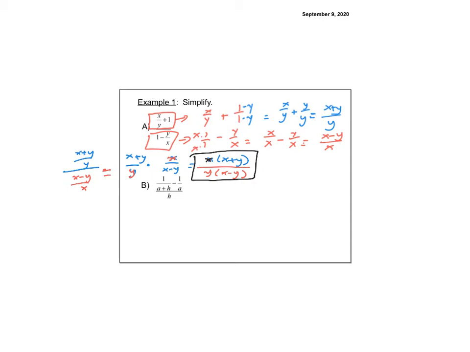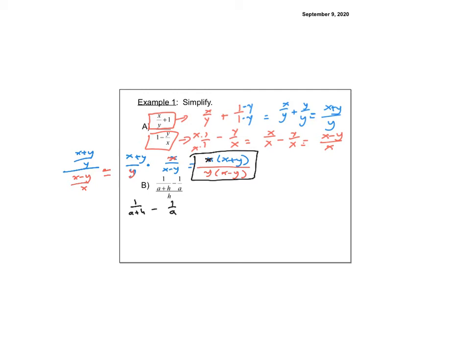All right, so likewise here, letter B down here, we can work here in the numerator up here. So we got 1 over a plus h minus 1 over a. We need to get a common denominator. What's the common denominator? Remember, you get it by multiplying.